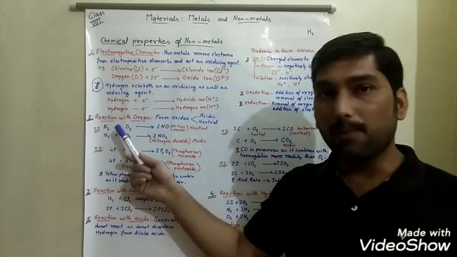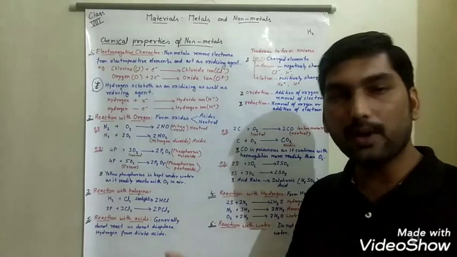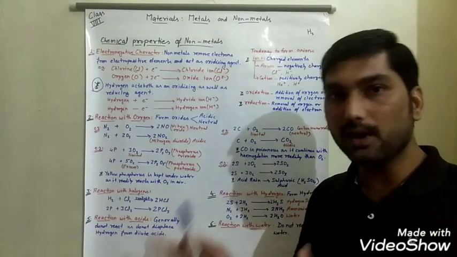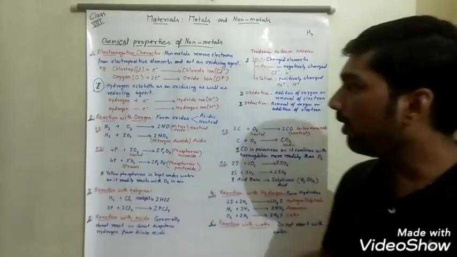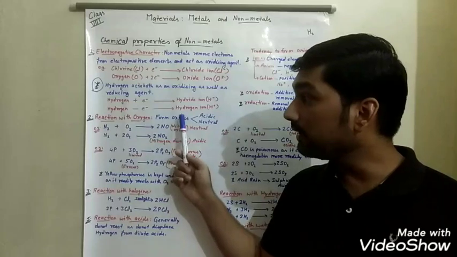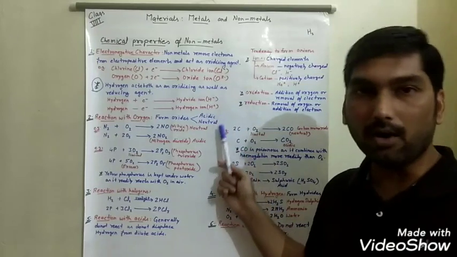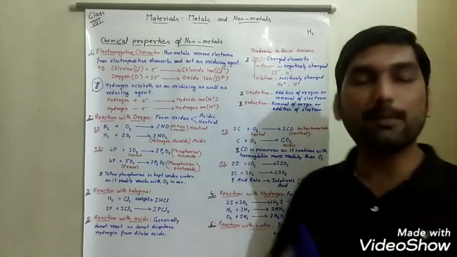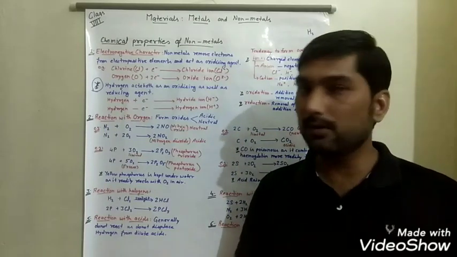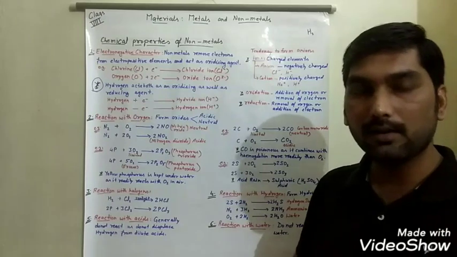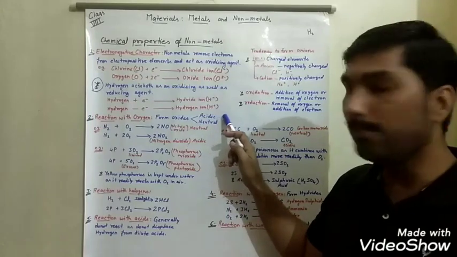Another chemical property of non-metals is the reaction with oxygen. What is going to happen when any non-metal reacts with the oxygen present in the atmosphere? All the non-metals form oxides, but these oxides may be acidic or neutral. Do you remember the reaction of metals with oxygen? If so, you may be aware that metals react with oxygen, but their oxides were basic.